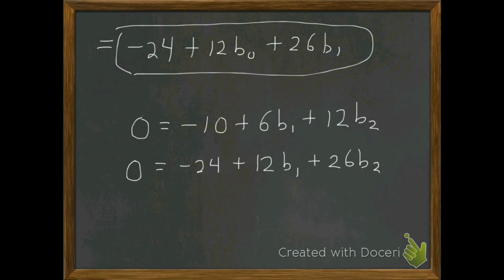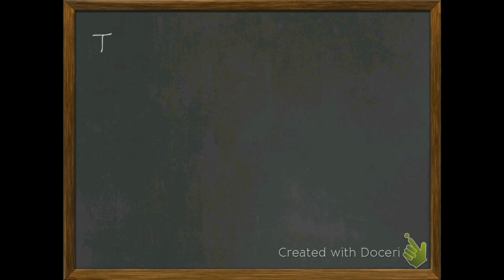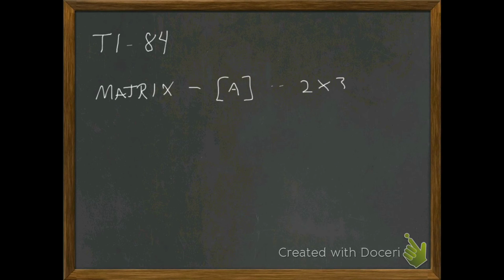Hey guys, what I'm going to do is quickly put this in augmented matrix form. I'm going to use my calculator to get this solution. So using my TI-84, I'm going to go to matrix, and I'm going to store matrix A as a 2 by 3 matrix.